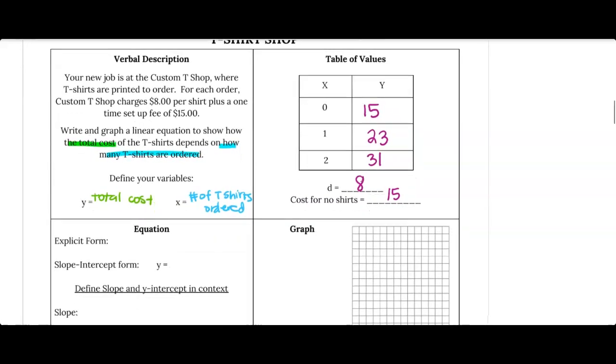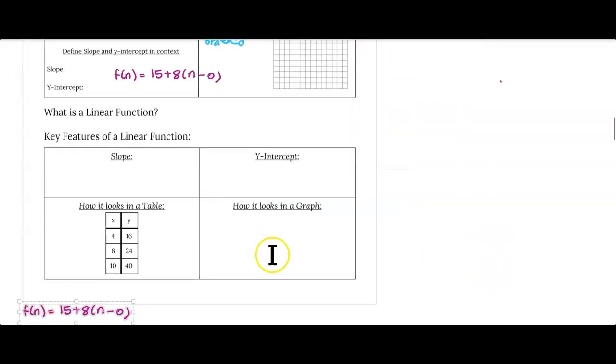So writing into our explicit form, we will have f of n is equal to, we start at 15, we add 8 times n minus 0, because 0 is our starting term. So when we want to write that in slope-intercept form, we will distribute to solve.